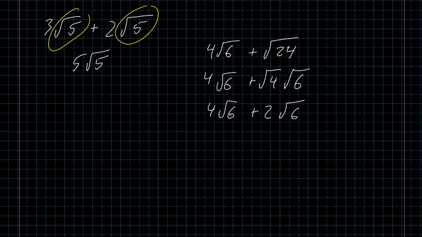So the square root of 24 reduces and can be rewritten as 2 times the square root of 6. And now we have 4 root 6 plus 2 root 6, which all told is 6 root 6. I don't know why I have such a fascination in these examples with repeating numbers. That is entirely just numbers coming off the top of my head, and that's where they end up.